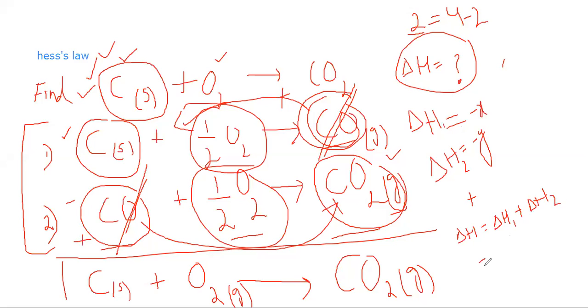So delta H1 is, for example, minus X, then plus delta H2 is minus Y. So minus X plus minus Y. Minus minus plus, both values of X and Y will be added, but the sign should be written for the bigger value. For example, if X is the larger value, you have to write minus.